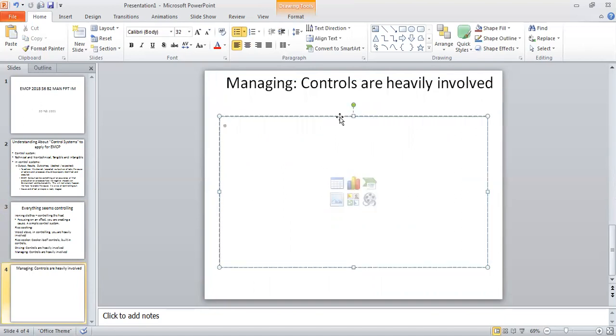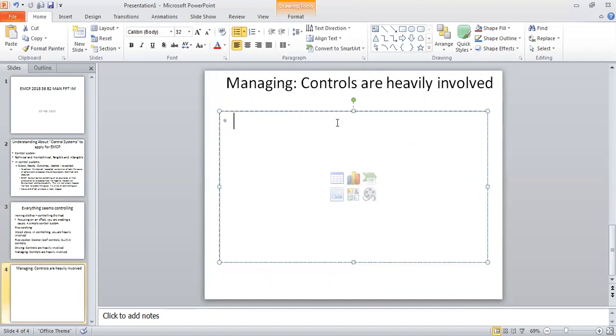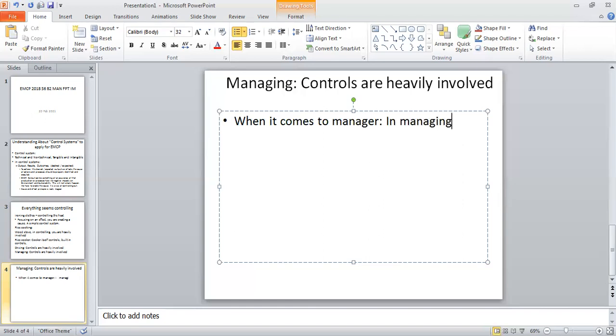But when it comes to managers, in managing, this is something quite challenging.